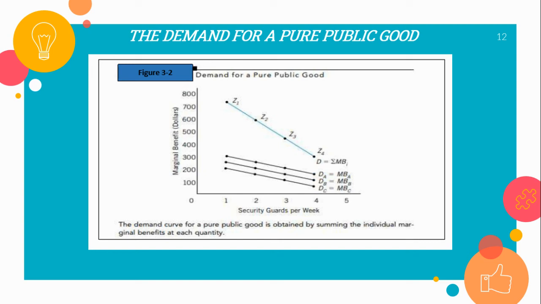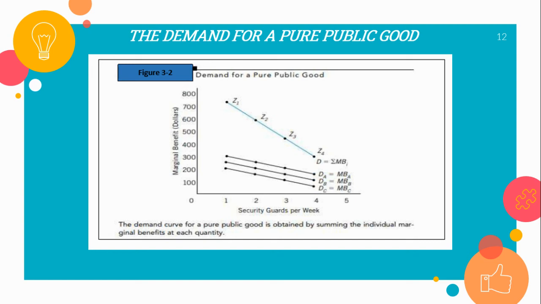The maximum amount per guard that each of the three consumers would give up when two guards are made available per week is $250 for A, $200 for B, and $150 for C. Therefore, the sum of the marginal benefits when two security guards per week are provided is $600 as represented by point C2 in this figure.